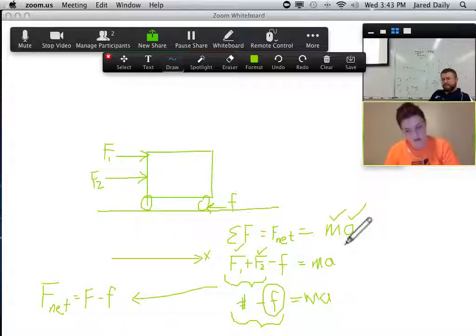Yes. And that frictional force will be given in newtons, right? All forces can be measured in newtons. If they give it to you in pounds, then you have to convert to newtons. But all forces can be measured in newtons.